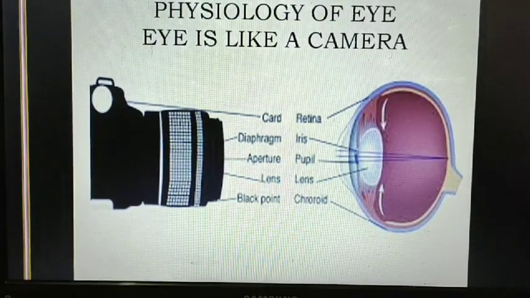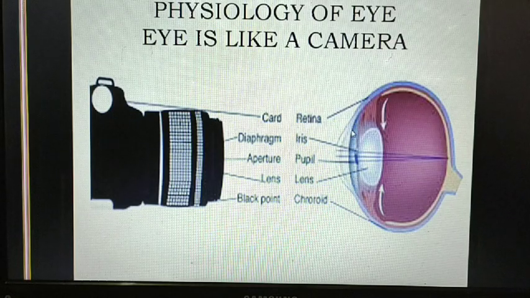The transparent cornea allows the light to pass through it, and this helps to focus the light on the lens due to its convexity and curvature in front. The light rays enter through pupil and lens.